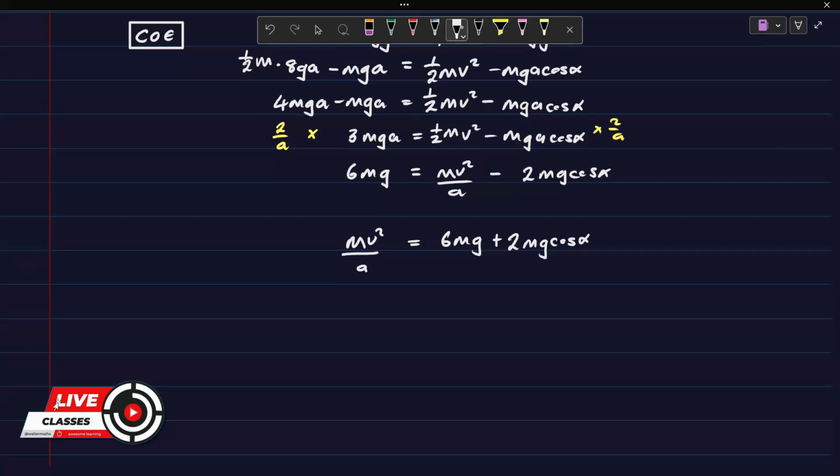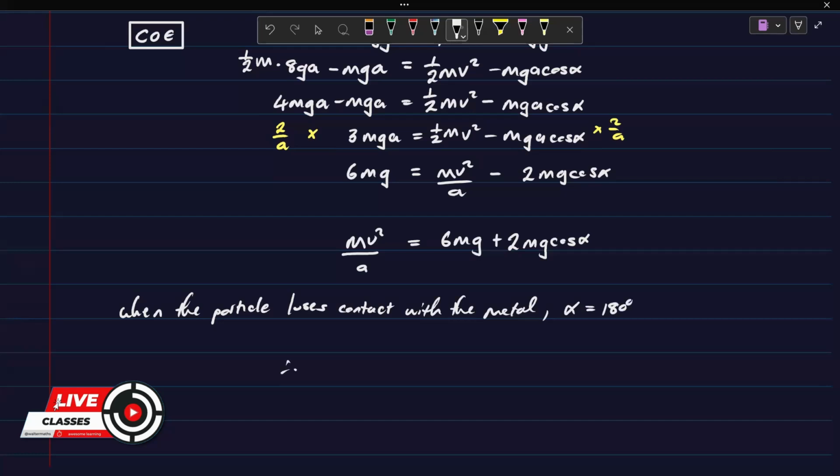So I'll say here, when the particle loses contact with the metal ring, alpha will have a value of 180 degrees, right?